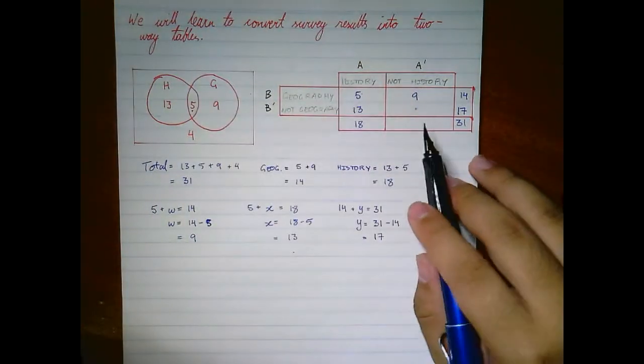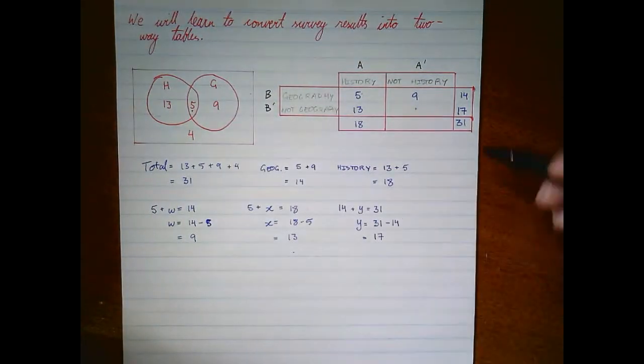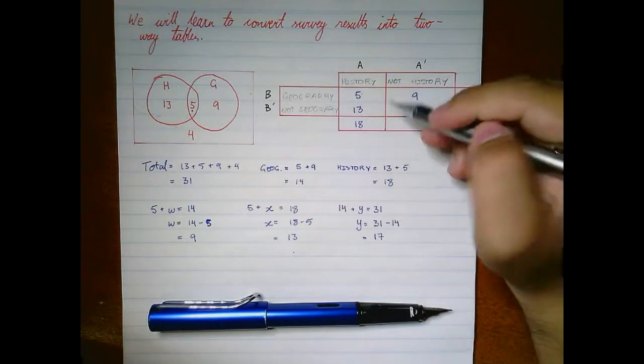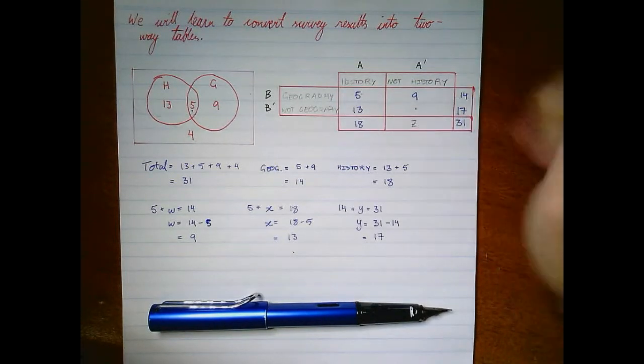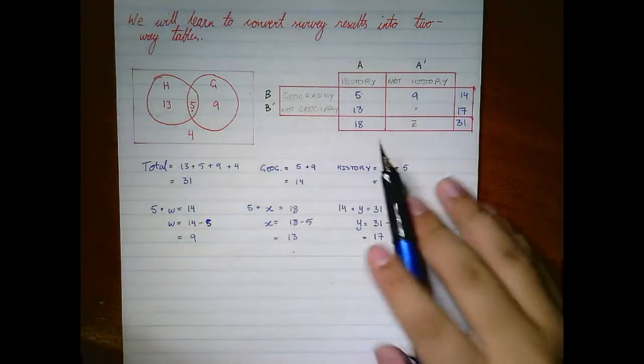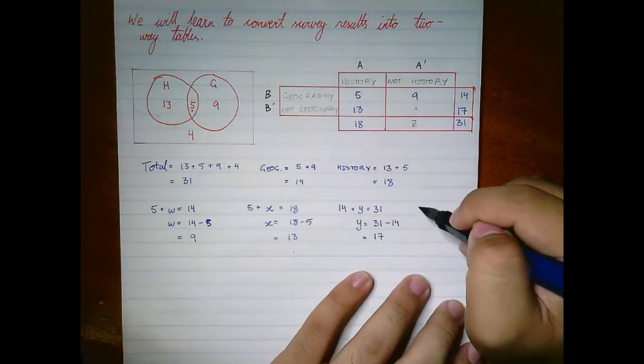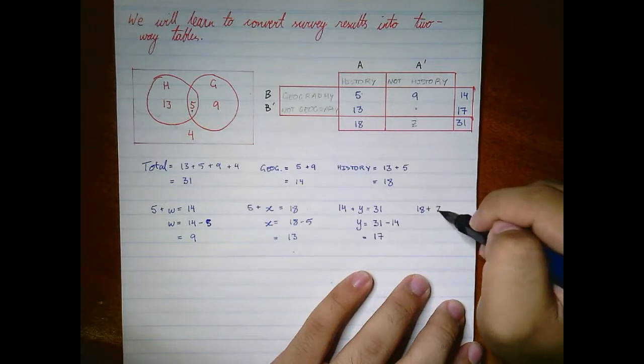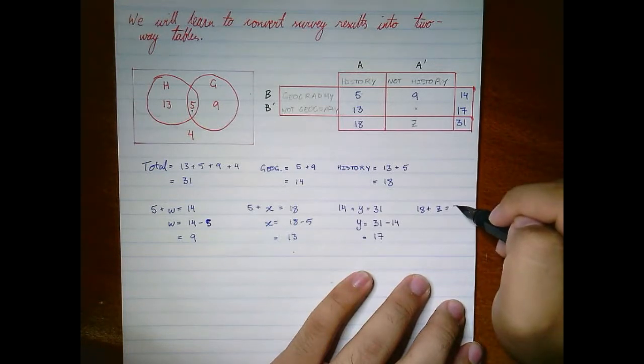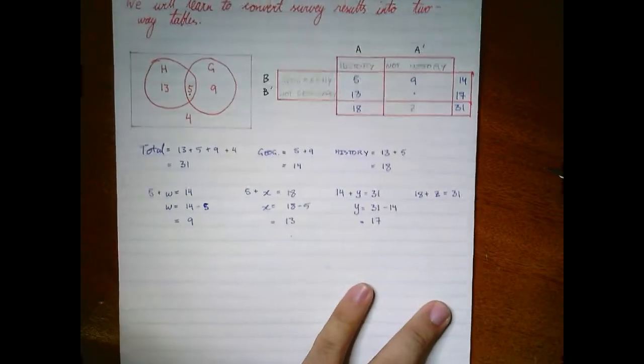Do the exact same thing with this value here. I'll label it Z. Take a look: 18 plus Z equals 31.